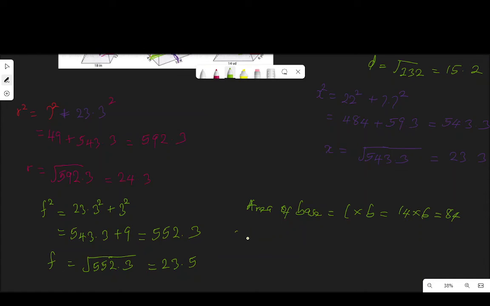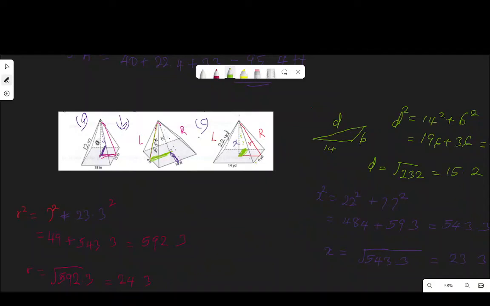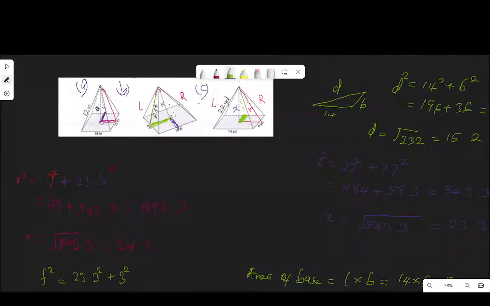Then the area of left and right triangle will be 2 times half times base times height. These two can cancel these two. The base of the left and right triangle is 6 yards. The height is R here.